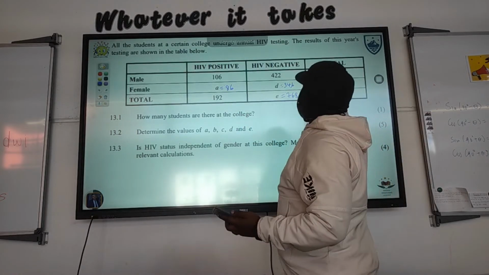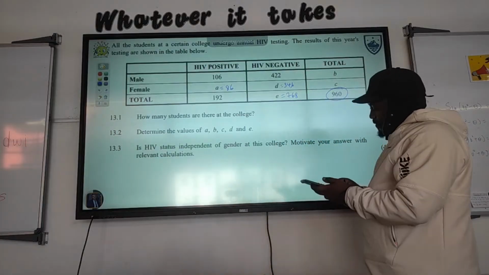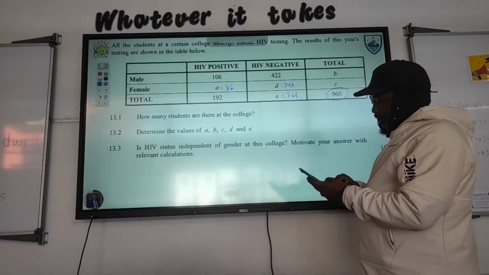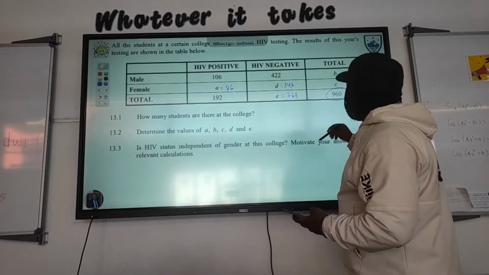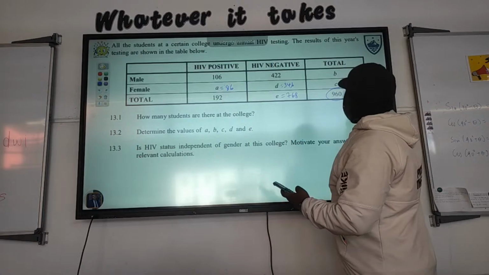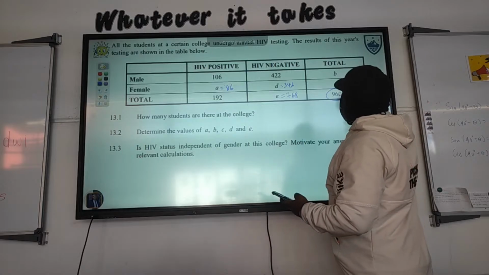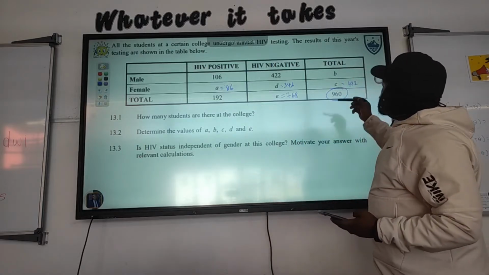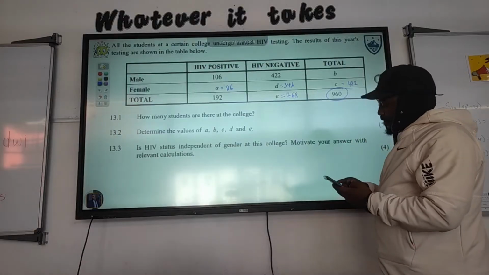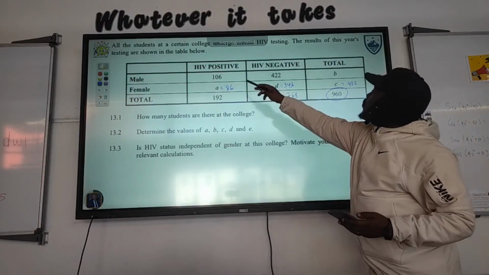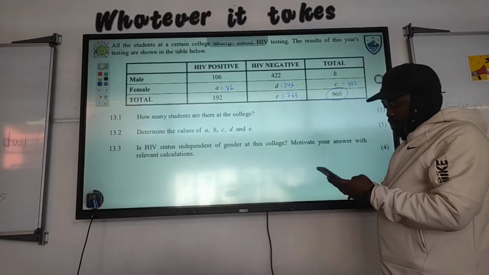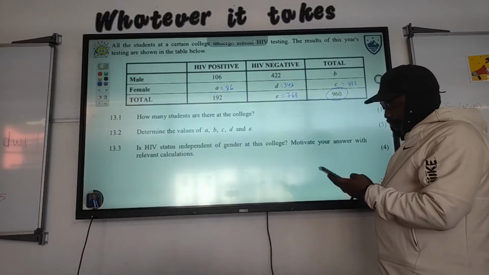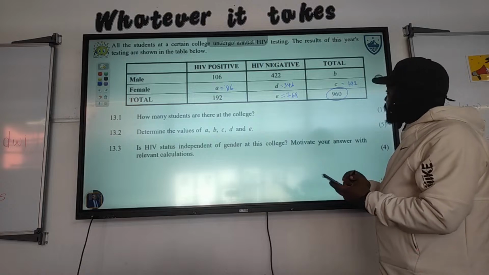And then when you add this 2, they must give you that. So we have 86 plus 346, 432. And then these 2, when you add them, they must give you that B. Let's see if we're going to get the same answer. 106 plus 422 is 528.